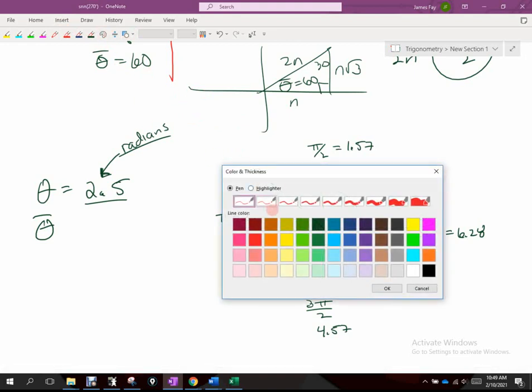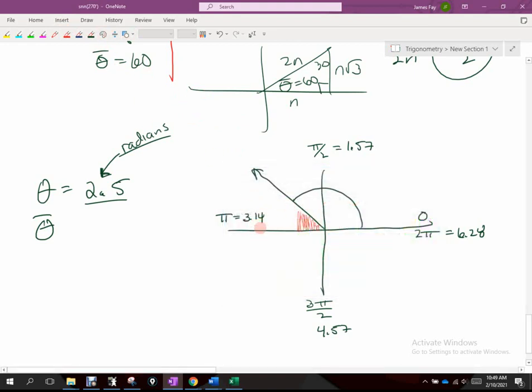Okay, so how do I find that theta bar? In order to find that angle, the way we've been doing it is 180 minus whatever theta was, right? But because we're in radians, it's now pi minus whatever theta is. That's how you find theta bar in quadrant 2. So what was theta? 2.5.